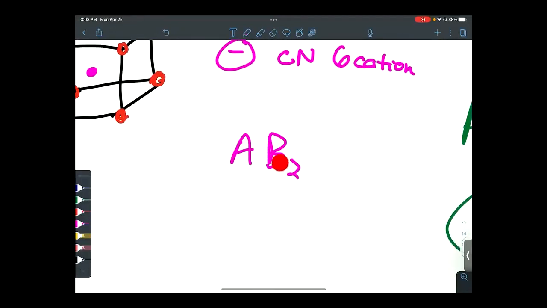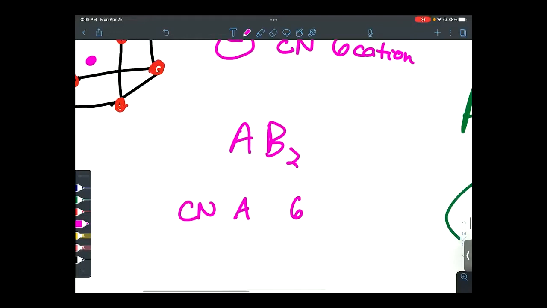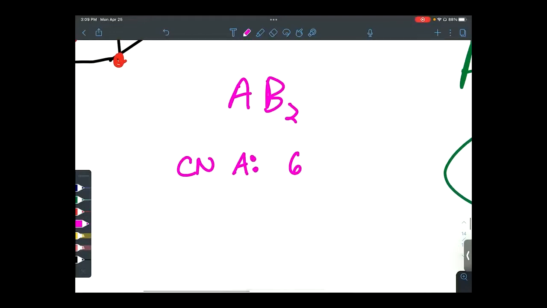So this means there are twice as many anions. If I have a coordination number for my A of 6, that means there are 6 B atoms around every A atom. So if I'm trying to figure out the coordination number around B, it has to be 3.